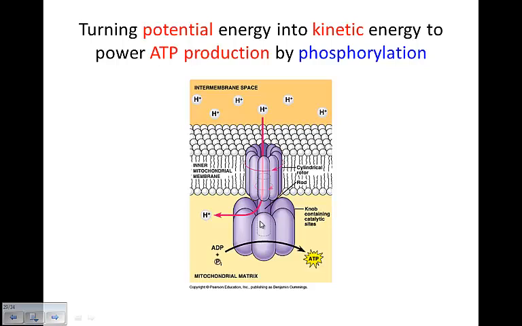Now, this is a group of enzymes, again, that are in the thylakoid membrane that help make ATP. So, again, look at the name. The kinetic movement of the protons produces a large amount of ATP. And this is an example of what's called energy coupling. Just think of the word. It's two different processes that are working together to make ATP.